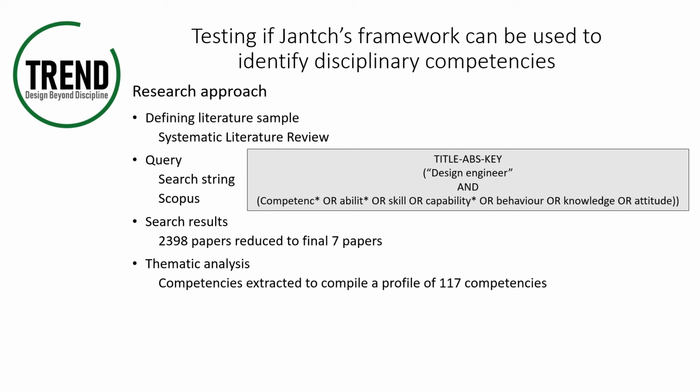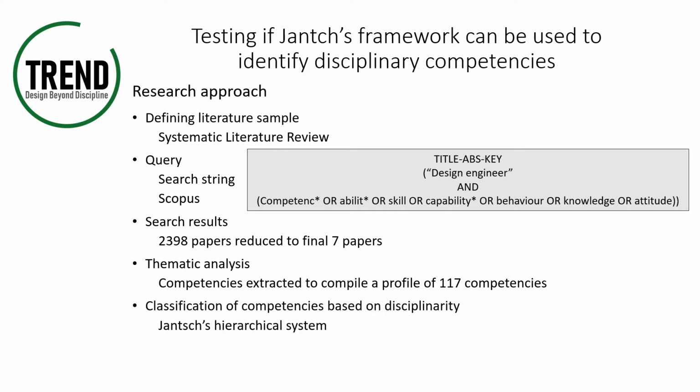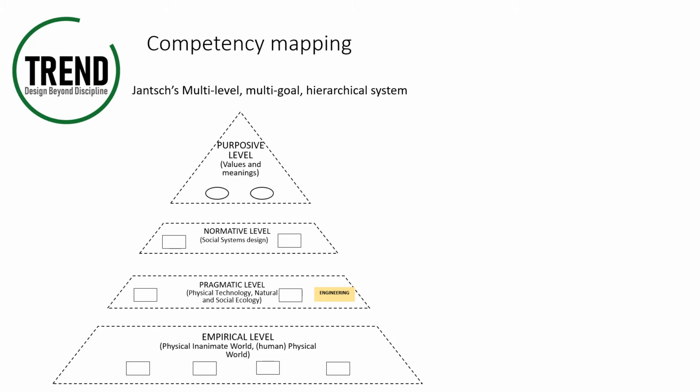Using thematic analysis, competencies were extracted from the text and compiled into a profile of 117 competencies. These were individually mapped based on their disciplinarity against the Jantsch's TD hierarchical system. Competency mapping. Jantsch's pyramid is a multi-level, multi-goal 4-level system.